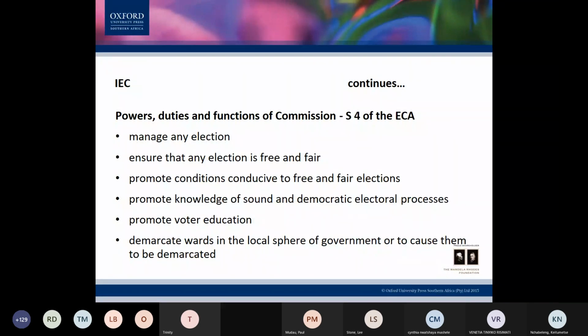So the wards, which a candidate, whether competing under the auspices of a political party or as an independent candidate, you are competing within a particular ward. Upon being elected, that means you will be representing that constituency in the municipal council.